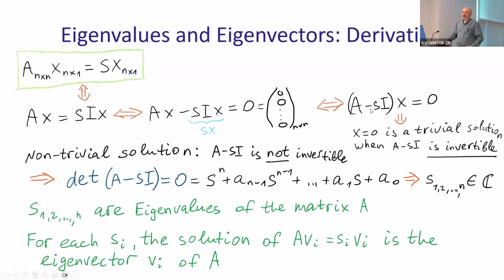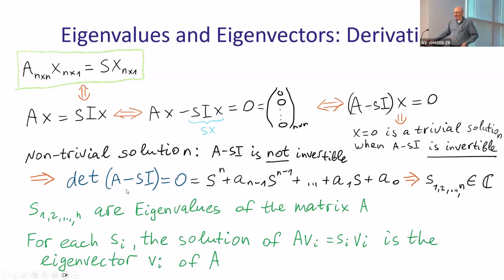If you remember the theorem about determinants, a matrix is invertible when its determinant is not equal to 0, which means it's not invertible when the determinant equals 0. So our condition for finding non-trivial eigenvectors and eigenvalues is that the determinant of that thing equals 0.